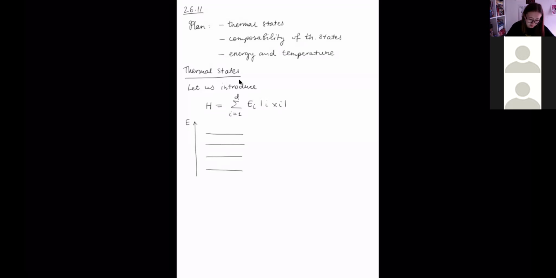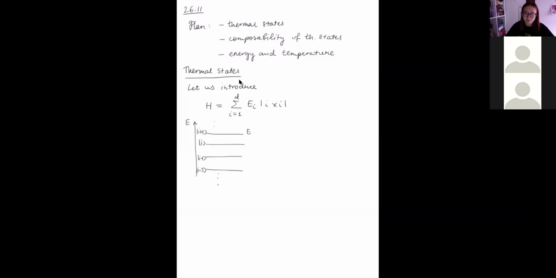This is how energy goes. Suppose this is level number i, this is i minus 1, this is i minus 2, this is i plus 1, and so on. Each level has the energy of the corresponding eigenvalue: this level has E_{i+1}, this level has energy E_i, then E_{i-1}, E_{i-2}, and so on.